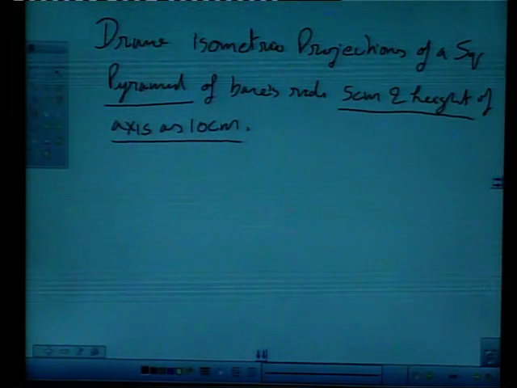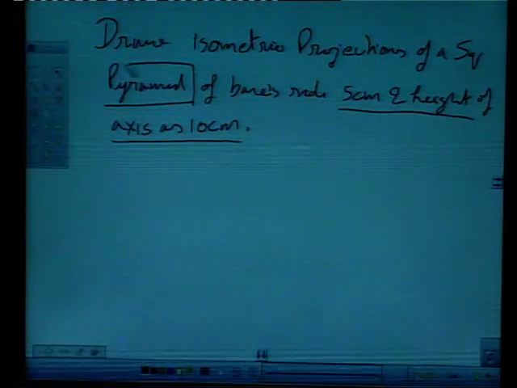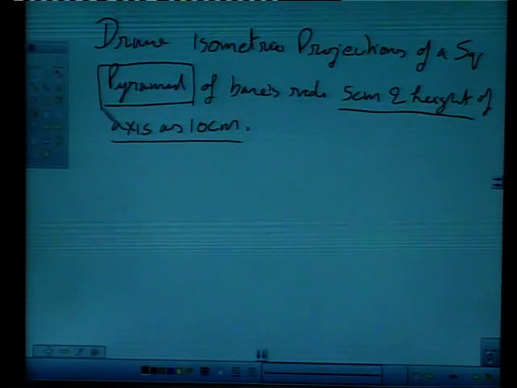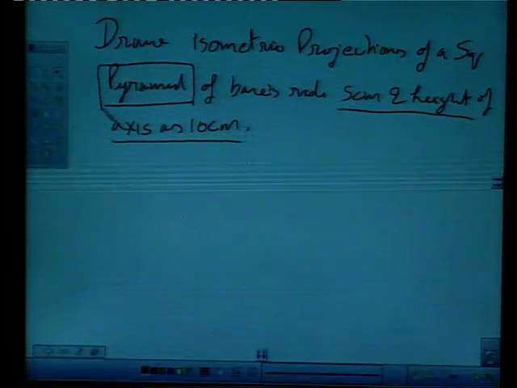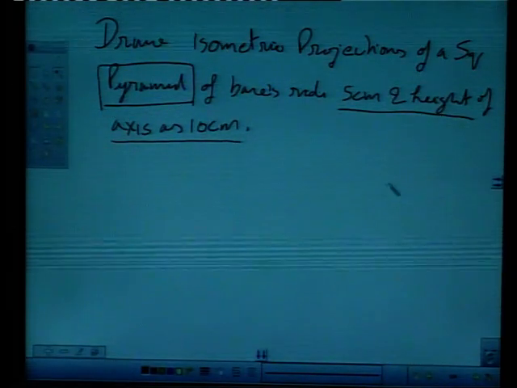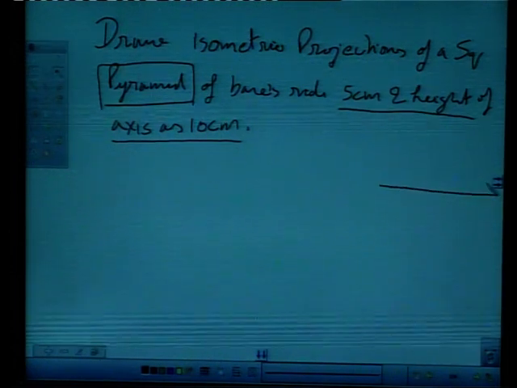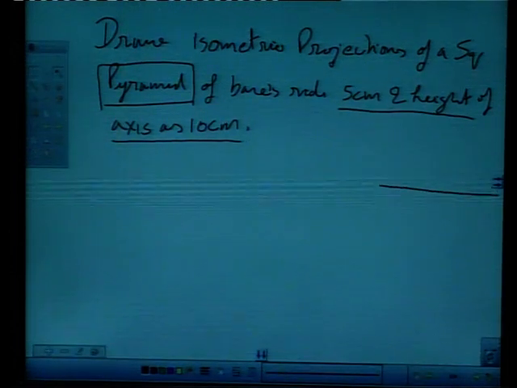First of all you must know what is pyramid. If you don't know what is pyramid, then it will be very difficult for you. I hope all of you know what is pyramid. Like, I will draw first orthographic projection of pyramid, just in rough part.